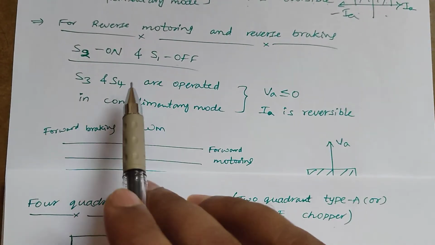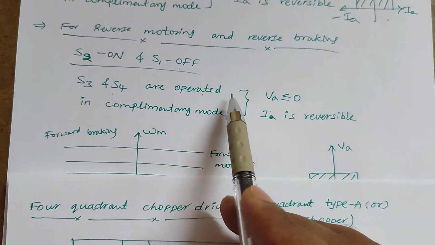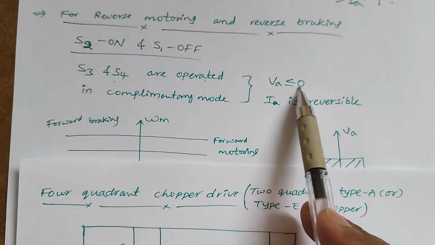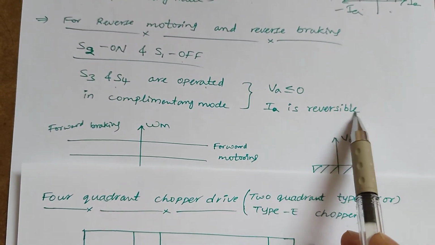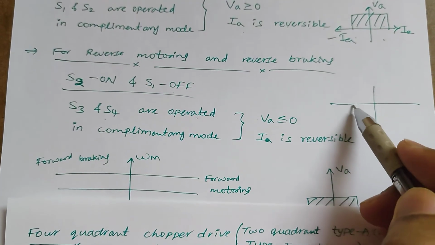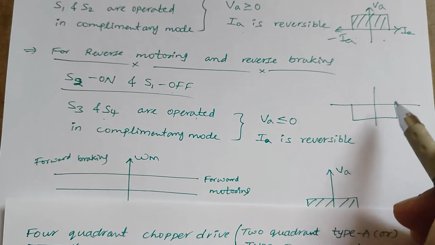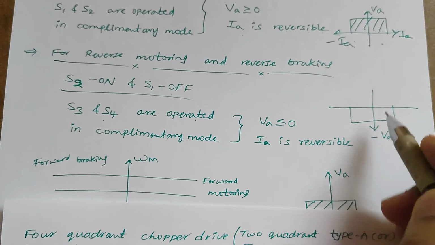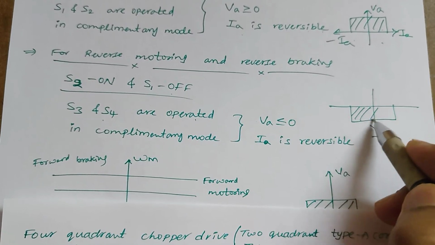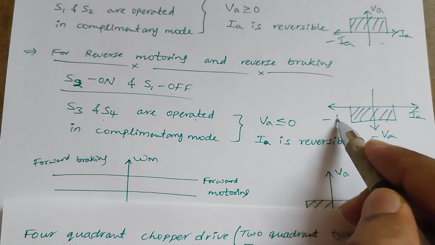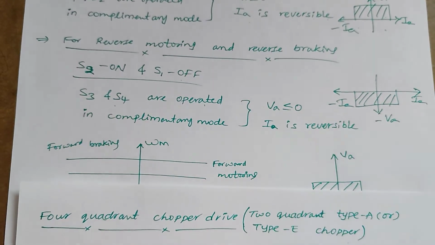When you operate S3 and S4, your voltage is always less than or equal to 0 with IA reversible. Again here, IA can be positive or negative, while the voltage is always negative or 0.